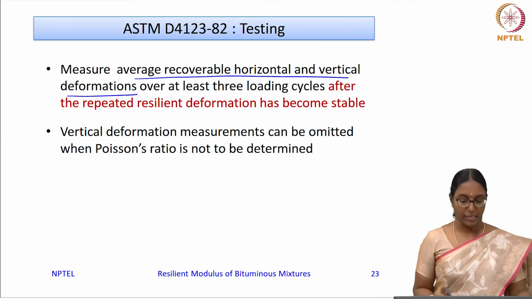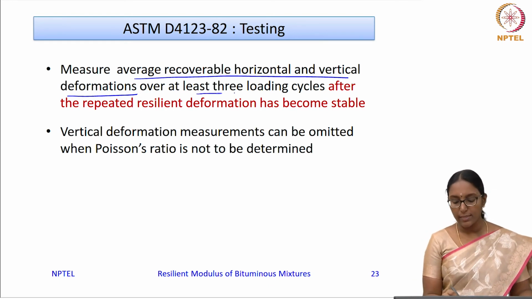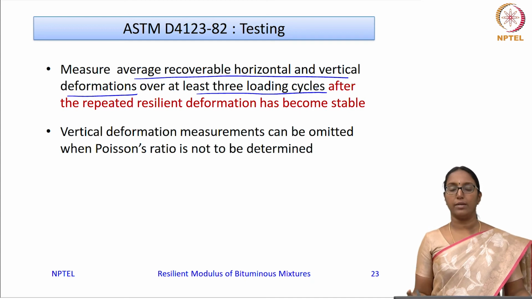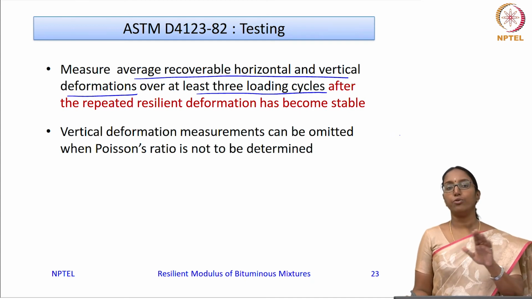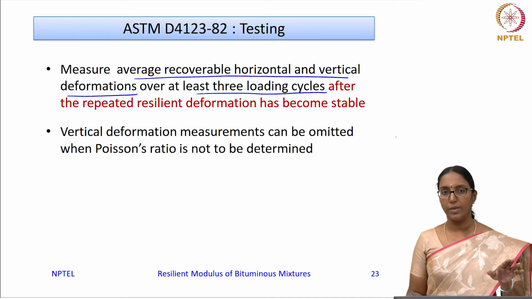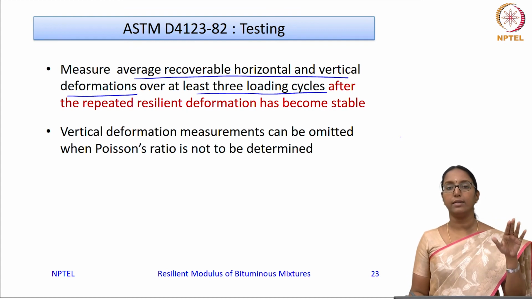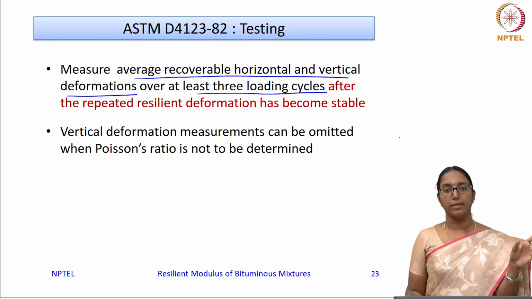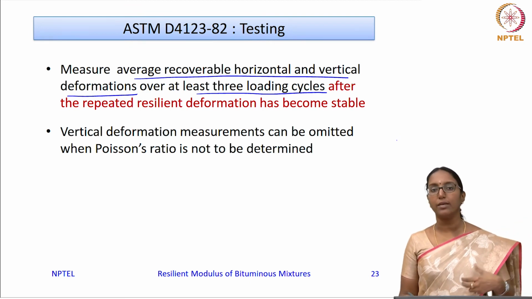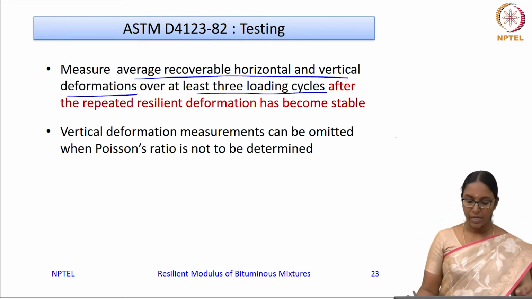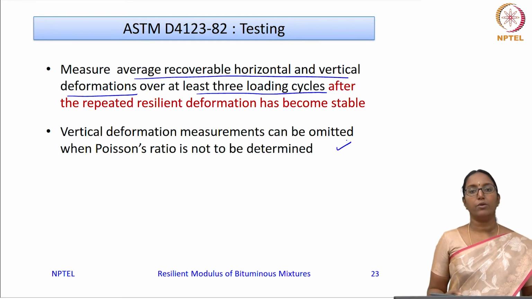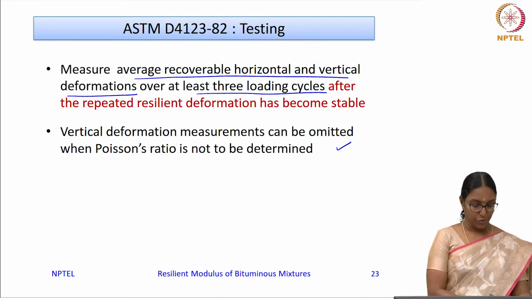Suppose you have both LVDTs connected, over the last 3 loading cycles after the preconditioning cycles. As I said, 50 to 200 cycles of preconditioning has to be given till your resilient deformation becomes stable, and after that you take 3 cycles. Those 3 cycles will be used for the computation of the resilient modulus. Okay. Now, as I said, vertical deformation can be omitted if Poisson's ratio is assumed.